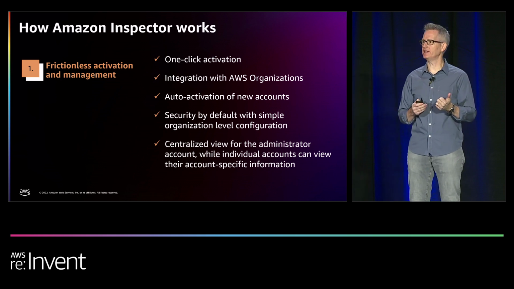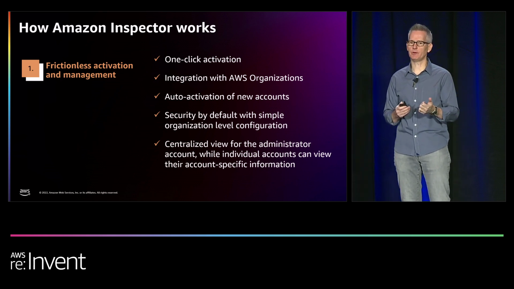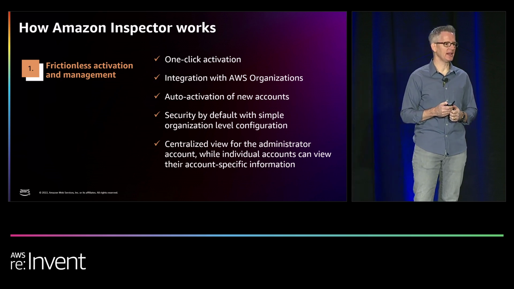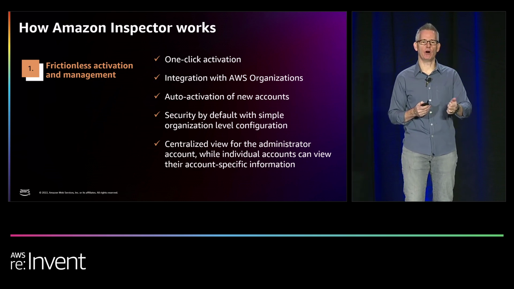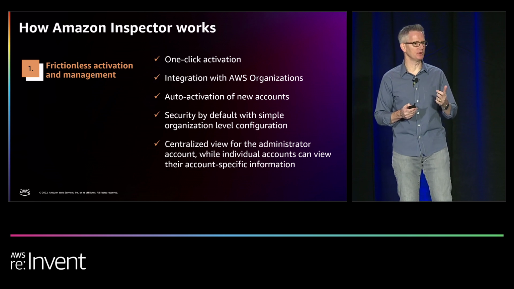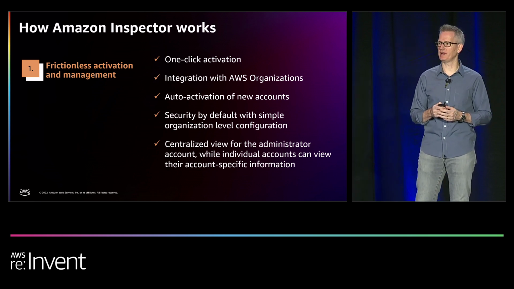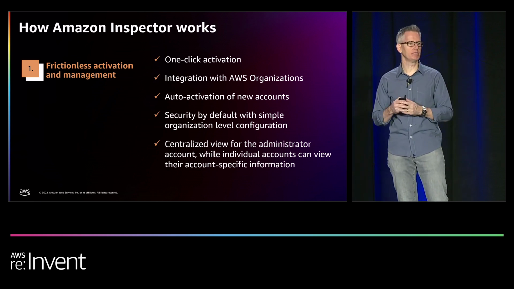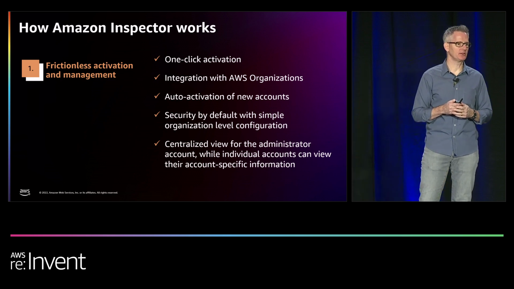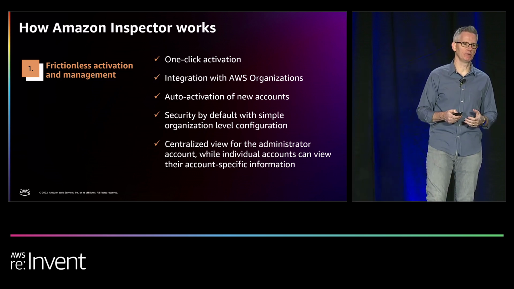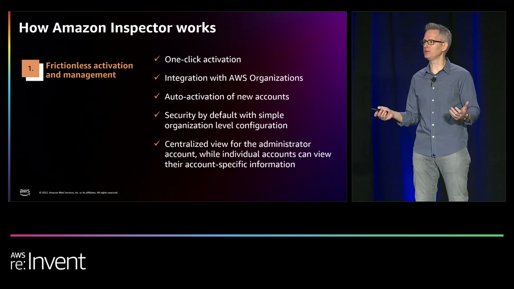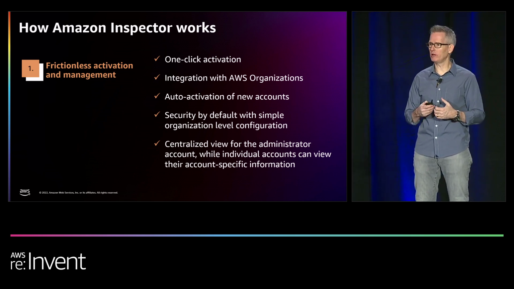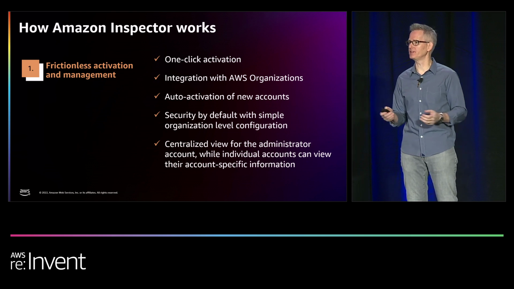They assigned a delegated admin, enabled Inspector, and through that delegated admin account, they just said, okay, number 1, I want all new accounts enabled, and number 2, I want to enable all existing accounts. And that was it. They were done. As Inspector turned on, it looked at all their resources, it started doing assessments, and from that single view now, they can see all of their results, all their findings for 7,000 accounts.